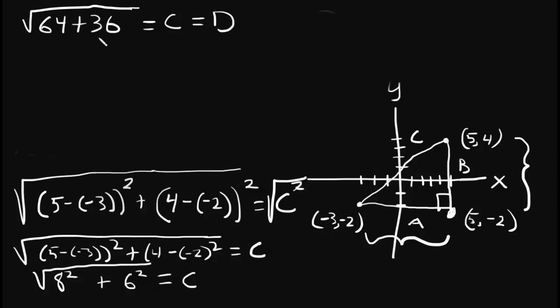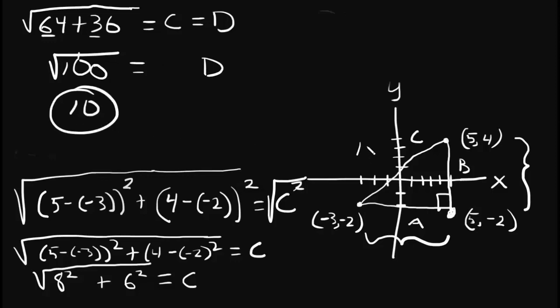Now 64 plus 36, well, 6 and 4 is a 10. 0 there, bring up the 1. And 6 and 3 gives us a 9, plus another 1 will give us a 10. So now we've got the square root of 100 is equal to the distance, and the square root of 100 is 10, and that is indeed the distance of this side.